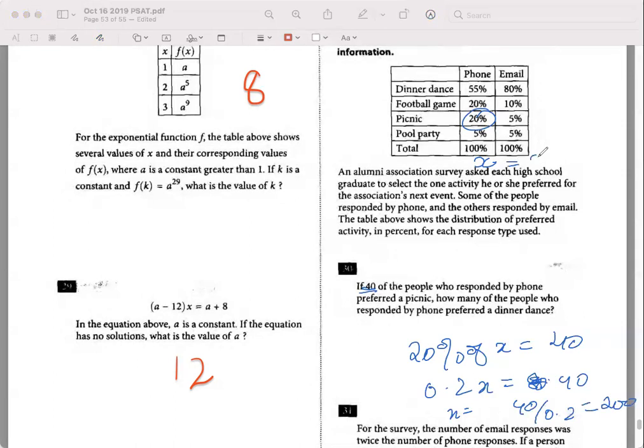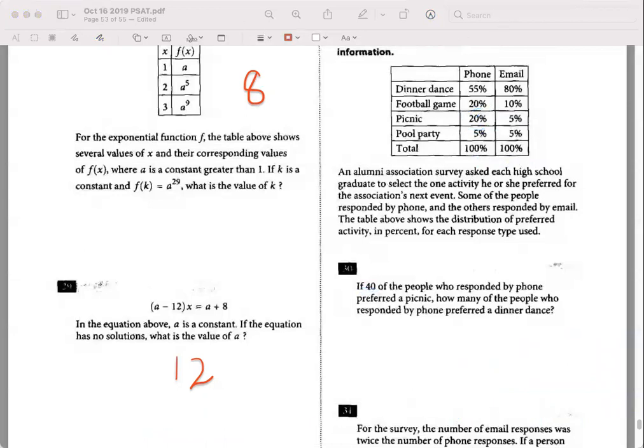So the total number of people who responded by phone is 200. Right? Now, how many preferred a dinner dance? So that's 55% of 200, which would be 110. So 110 people preferred a dinner dance. So that's 110.